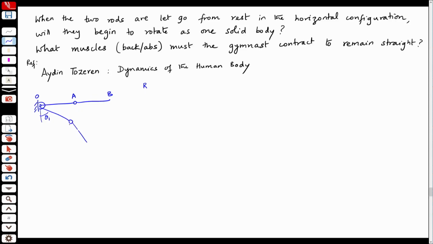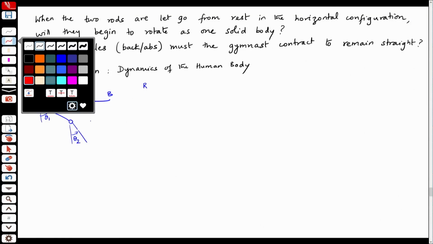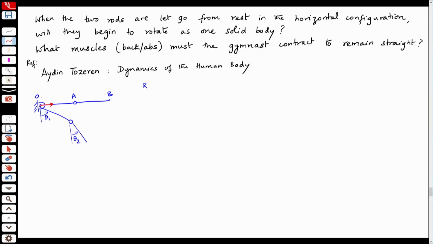If this is theta 1 and this is theta 2, for simplicity, we now know how things are going to move and what the accelerations are, so I will not go through the whole formulation with e r and e theta and all that. I will directly write it for this horizontal case, since we are looking at this particular configuration as soon as they are let go, and how it is going to move. At that instant we are interested, so I will just formulate it accordingly.